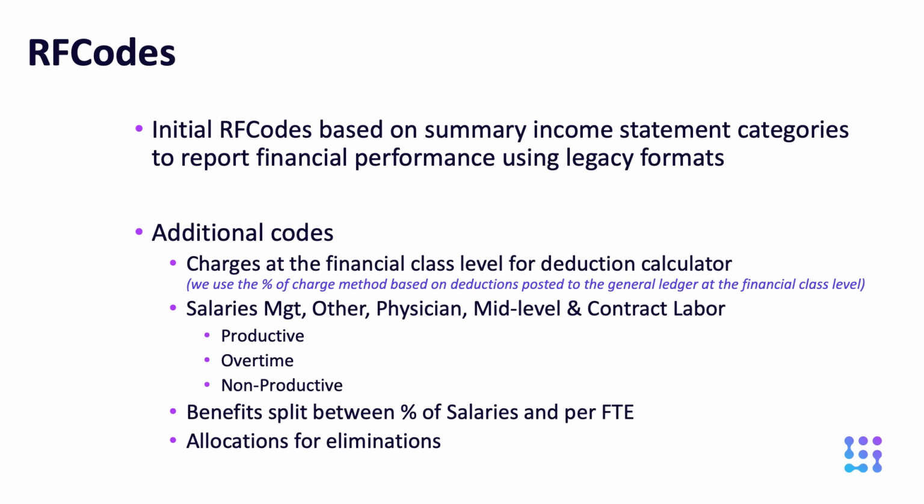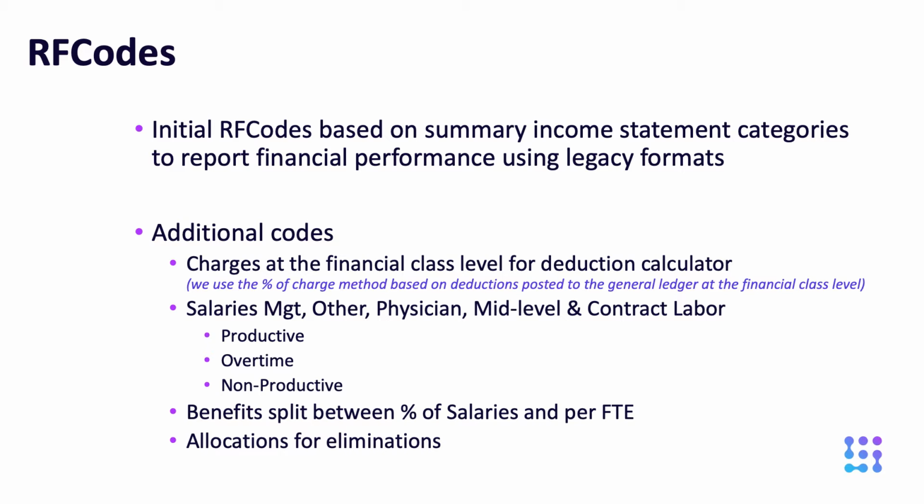So what I'll go over next is the RF codes. For the RF codes, we started with the high-level summary income statement categories, and then we added codes for the areas that needed a little more detail to complete the forecast. For the charges, we added the financial class levels as well, so that it works with the deduction calculator.